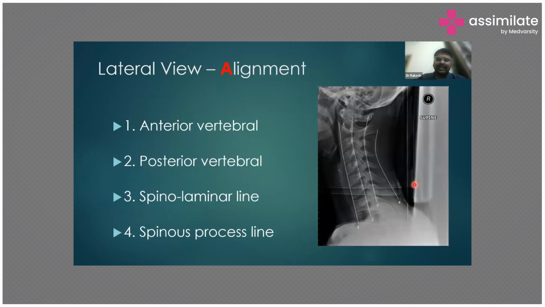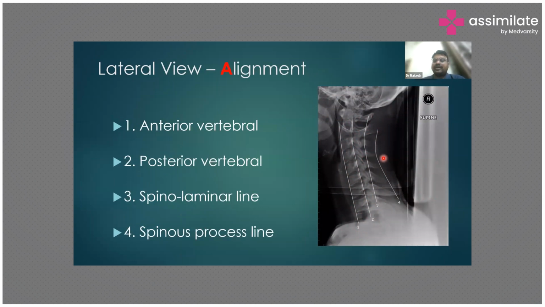Now, when it comes to alignment, there are 4 lines in a lateral view. The first one is your anterior vertebral line, which runs through the anterior borders of the vertebral bodies, and your posterior vertebral line, which runs through the posterior edges of your vertebral bodies. The third line is your spinolaminar line, and the fourth line is your spinous processes line.